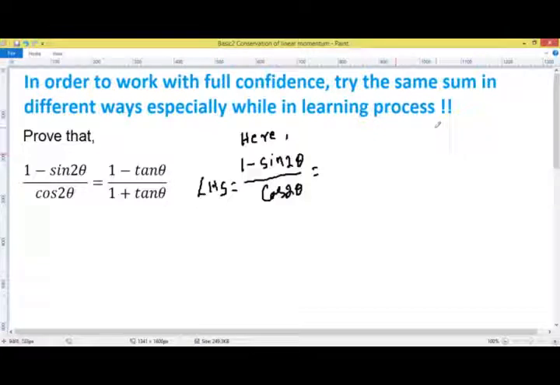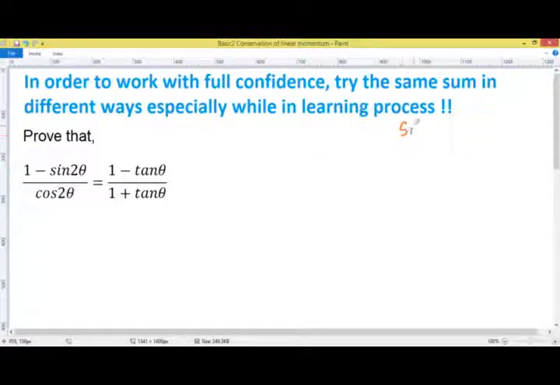There are a lot of formulas for sine 2 theta. It is 2 sine theta times cos theta, but here, as we are going to express it in terms of tan, we should apply sine 2 theta in terms of tan.